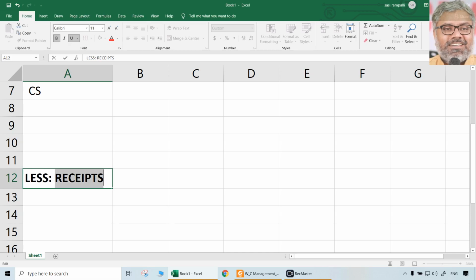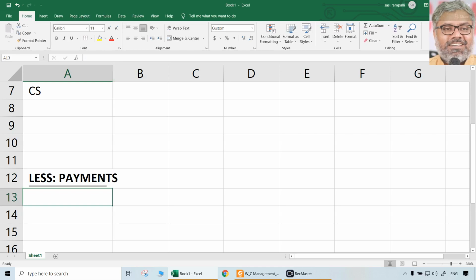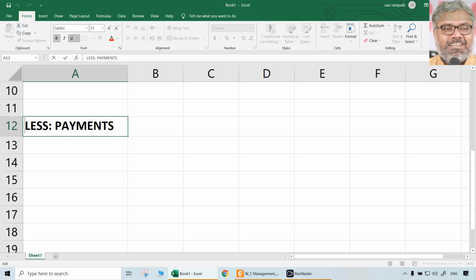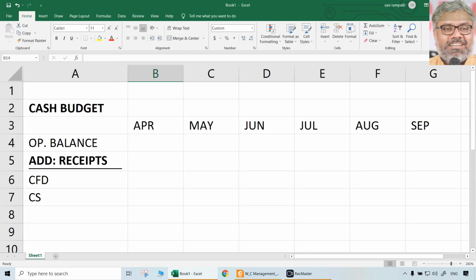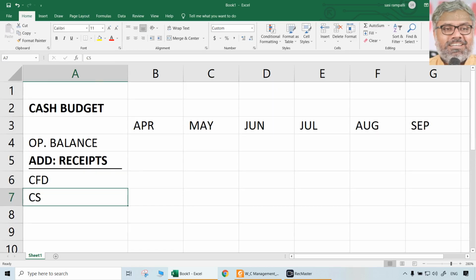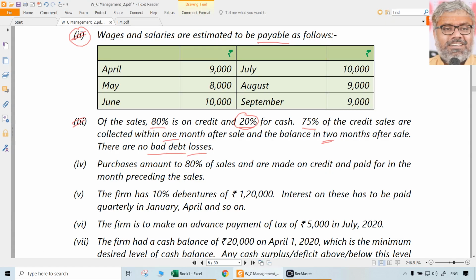Less payments. Or you can call them inflows, outflows also, no problem. Whatever it is. So add receipts, less payments. Payments, whatever, whenever they come, we'll see that. First thing first, what we can do, we'll do it. Whatever the things which are required to be done in little detail manner, we'll do them in the working notes.